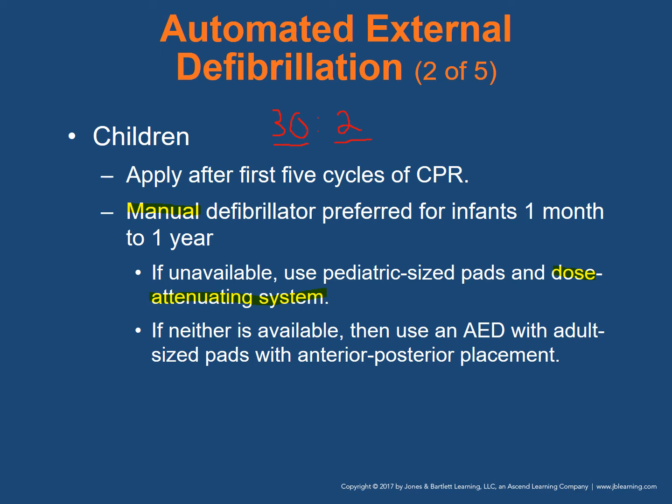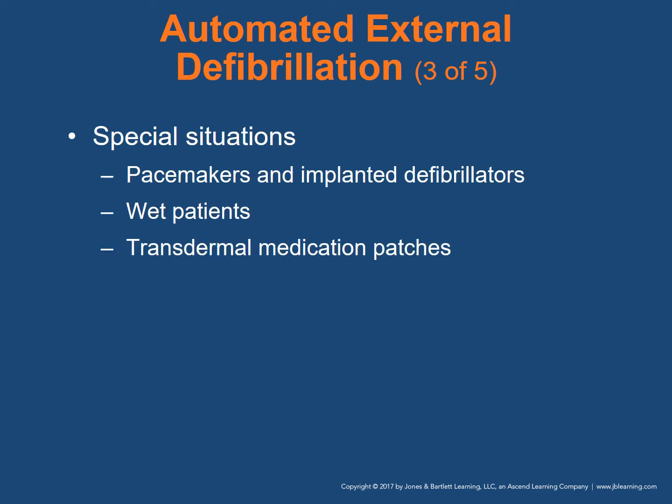And so that electrical energy will move straight through the trunk of the body from anterior to posterior. In special situations, we will have to change or manipulate the way that we place and use the AED.